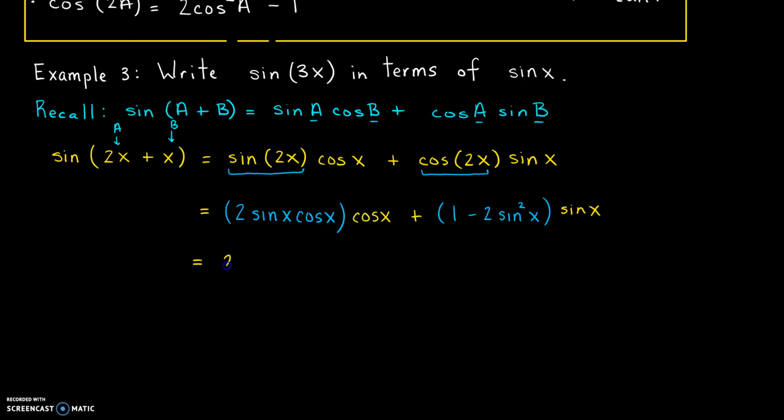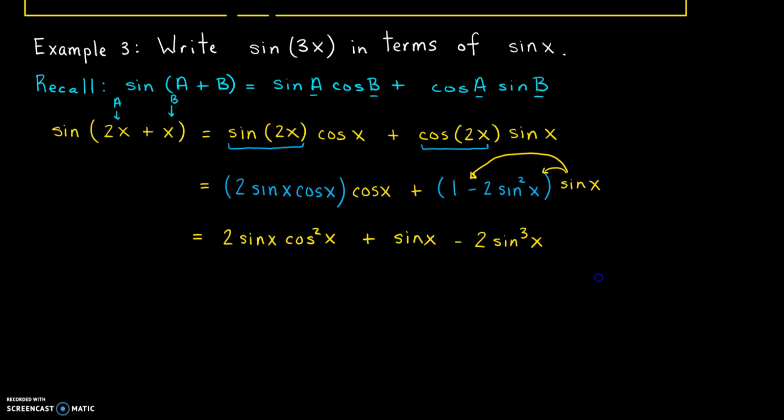This is really just 2 sine x cosine squared, since cosine times cosine is cosine squared. Then plus, I distribute, so sine times that 1 is just sine x, and sine times 2 sine squared is negative 2 sine cubed.